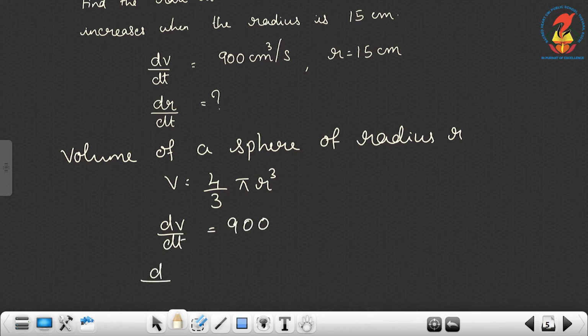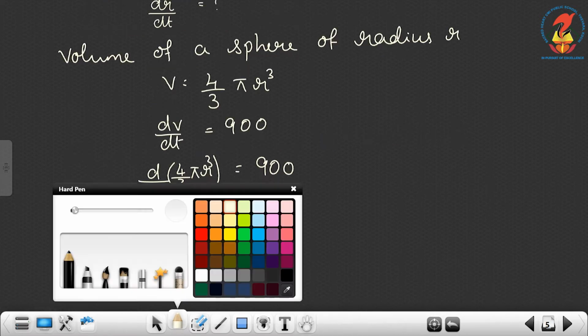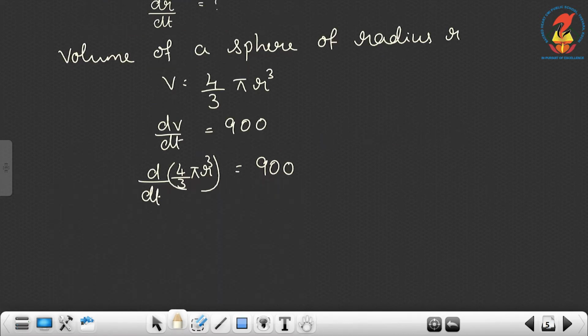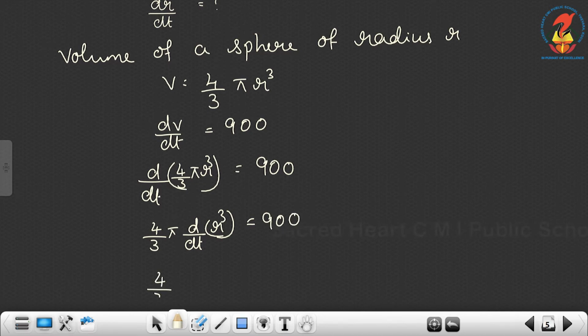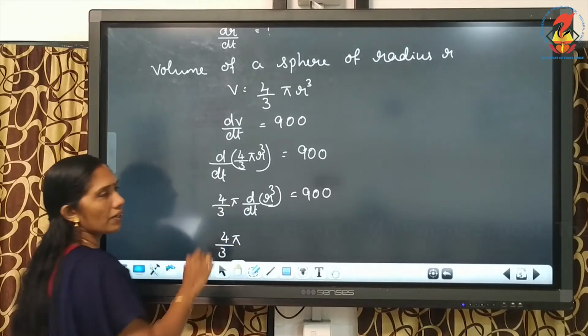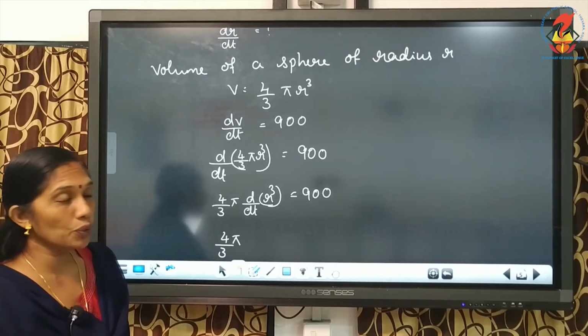So, we can write d by dt of, for this volume you can write, 4 by 3 pi r cube is equal to 900. Now, find the derivative with respect to t on the left hand side. 4 by 3 pi is a constant, we can take out. So, 4 by 3 pi into d by dt of r cube, what is the derivative of r cube with respect to t?